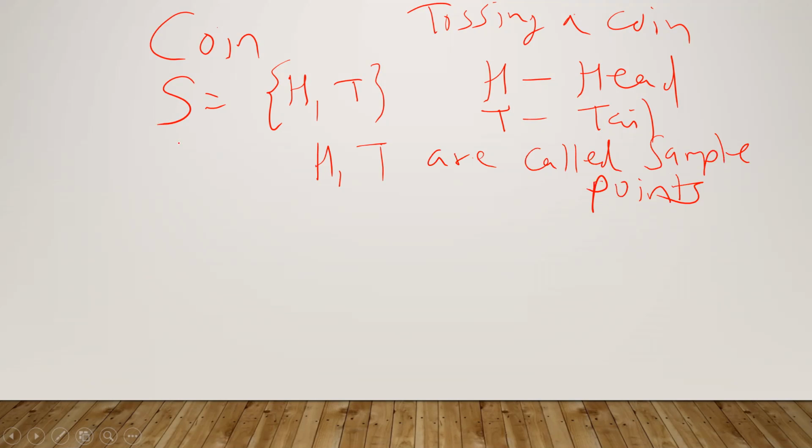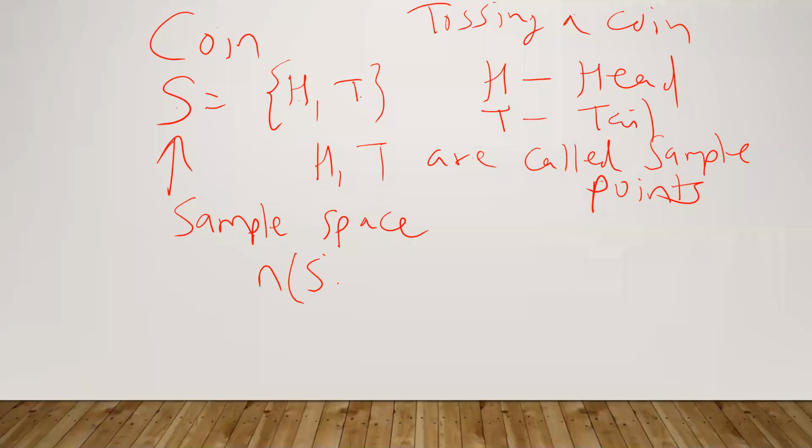So S is called a sample space. Now number of sample points in the sample space. कितने sample point है इसमें? 1 and 2. So that is denoted by N of S and it is 2. So there are 2 sample points in the sample space S of the random experiment tossing a coin.